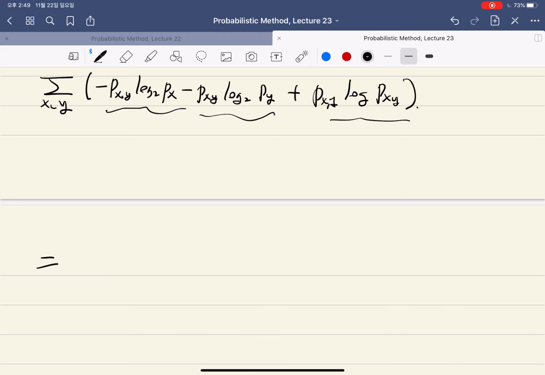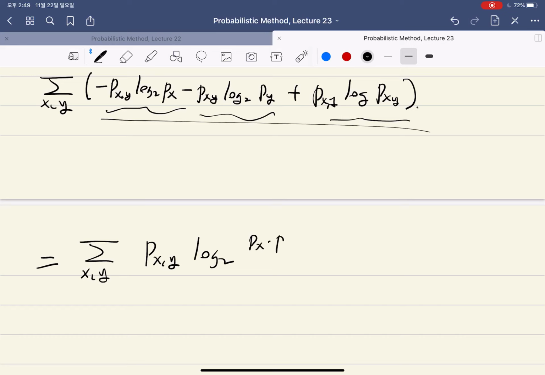Then this is the summation over x comma y. Here we can write it as pxy log of px times py over pxy, minus.